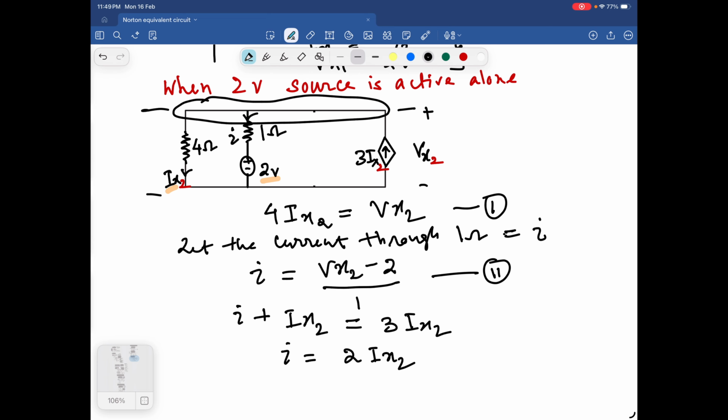I know that I is equal to Vx2 minus 2, and Vx2 is equal to 4Ix2.